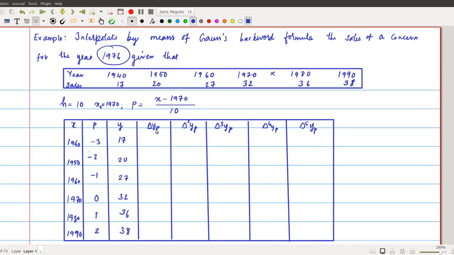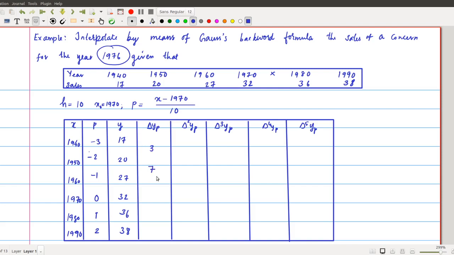Now we evaluate delta yp. These are again the forward differences. The formula contains the forward differences, delta, so we use the same table. Even though this is the backward interpolation formula, we use the same forward table, but we take the differences in backward position. That justifies the name backward. So here we have 3, that is 20 minus 17.